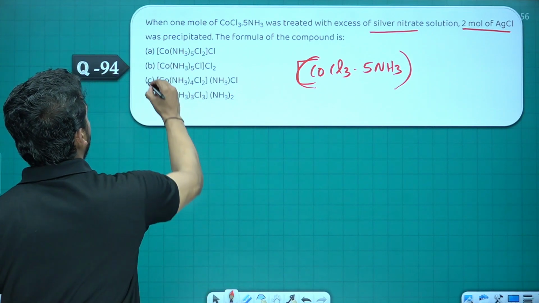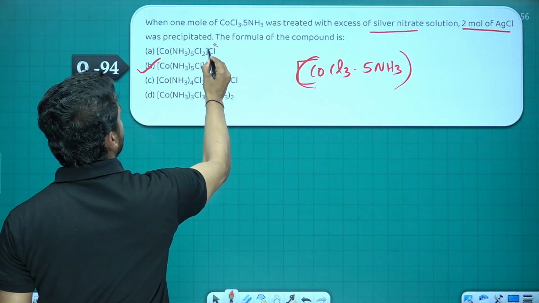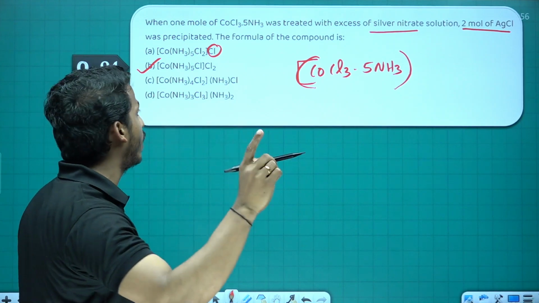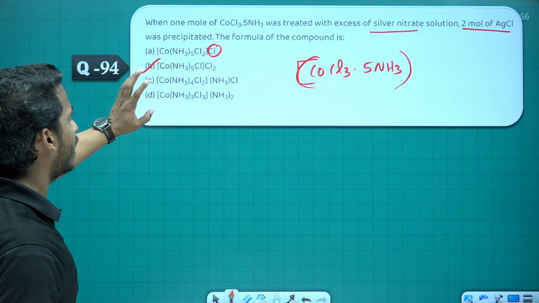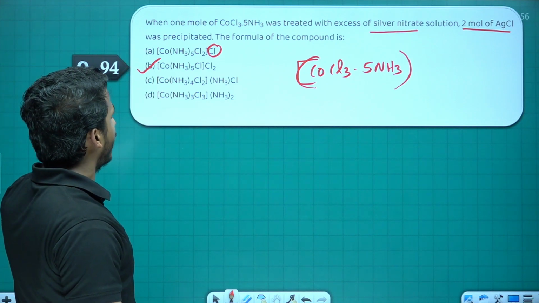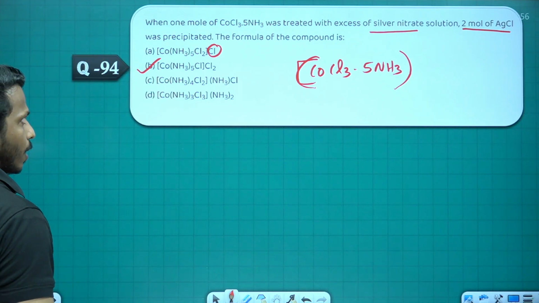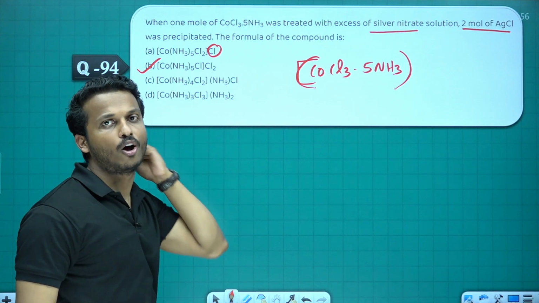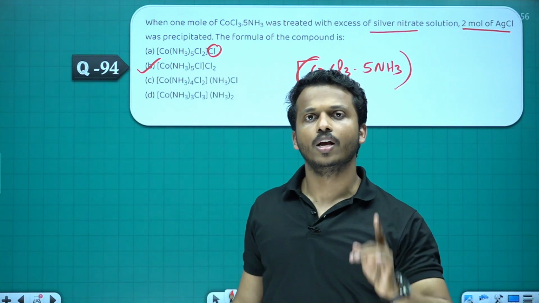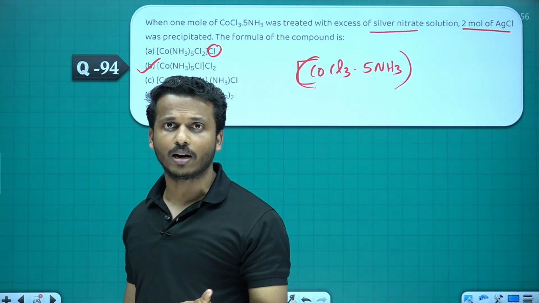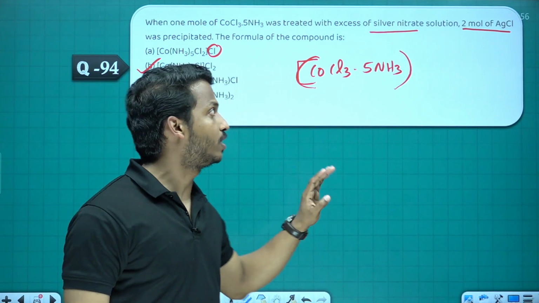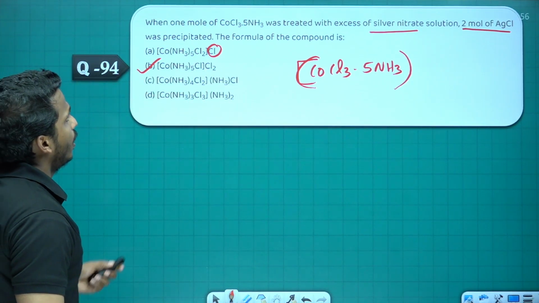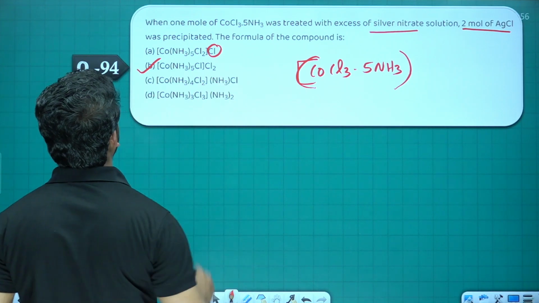So what is the answer? Option B. This has 1 chlorine outside, so it will give you only 1 AgCl. Okay, that's it. Point is very simple. If they're giving 1 mole AgCl, there is 1 chlorine outside. 2 moles AgCl means 2 chlorine outside. That's it. Option B.